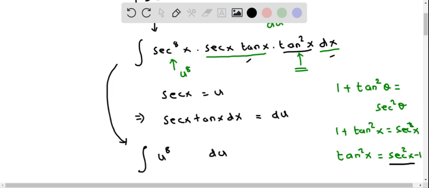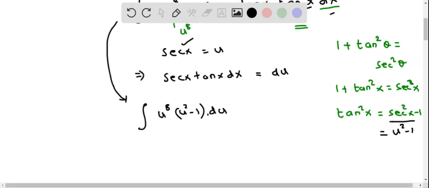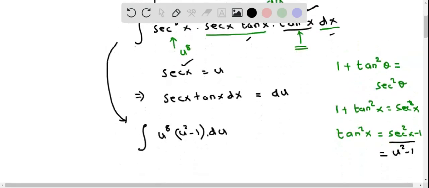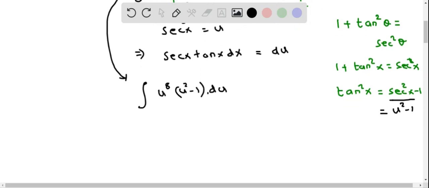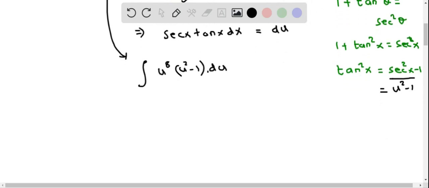And so therefore we can replace secant x by u, so this expression becomes u squared minus 1. So we can put u squared minus 1 over here. That is how we replace the tangent squared x. So we have completely replaced the function in x in terms of u after we have made the substitution secant x equal to u. Now we just have to simplify this and evaluate this integral.